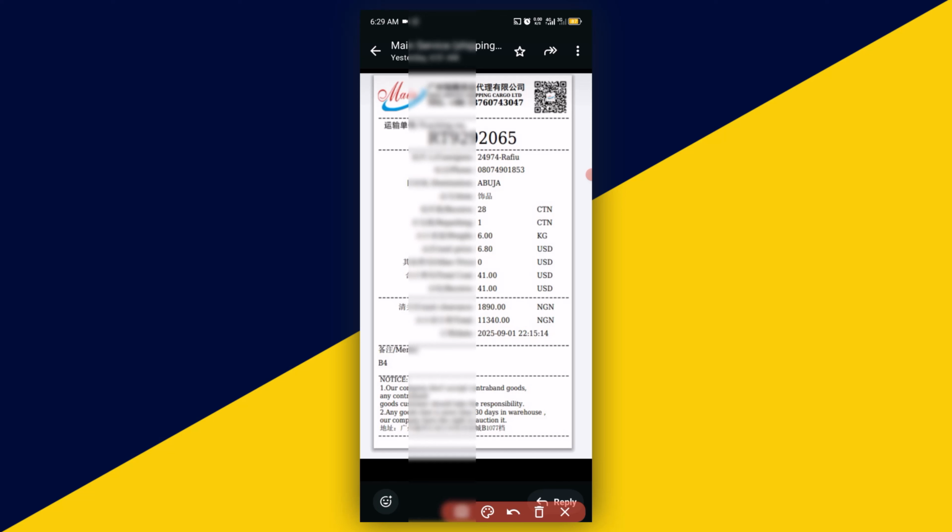What we need to do now is to multiply kg by unit price, and that will give us the total cost right here. So let's go ahead and work on the total cost: the unit price multiplied by kg or weight.